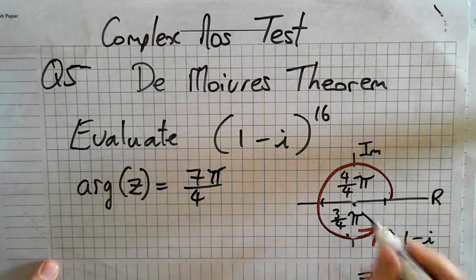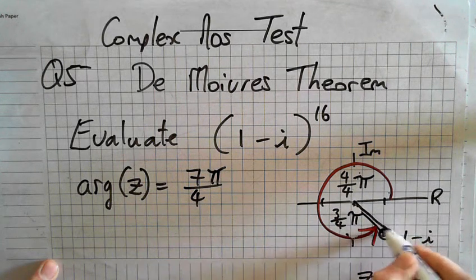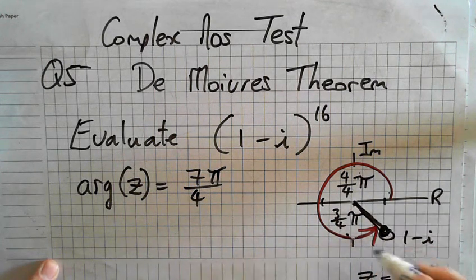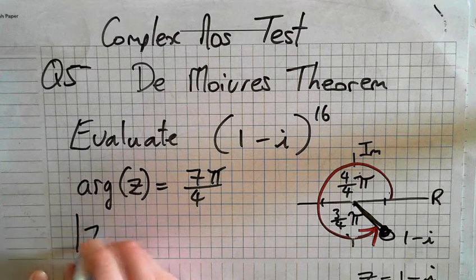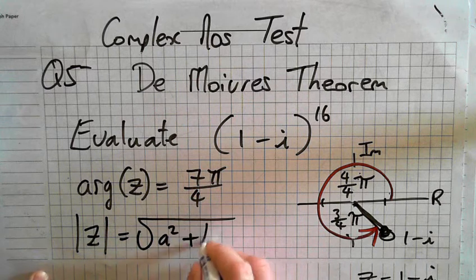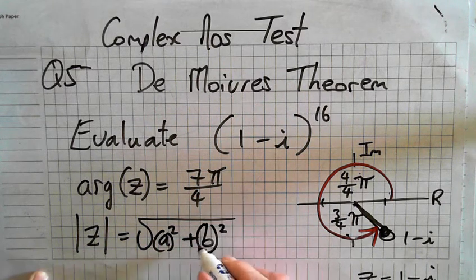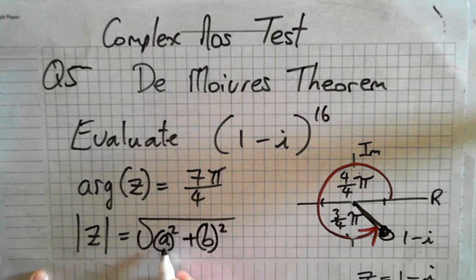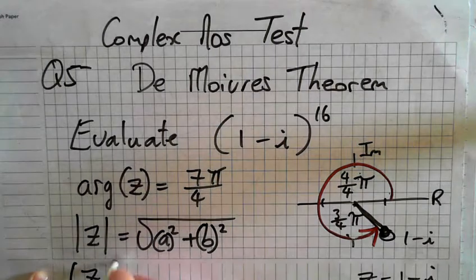Right, so the next thing you have to get is the modulus, the distance from there to there. And we know from previous examples, the modulus of z is the square root of a squared plus b squared. Put it in brackets. Why do you put it in brackets? Because there might be minus values, to keep everything right.